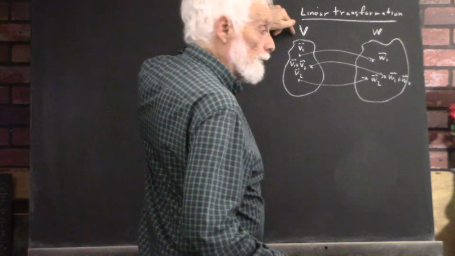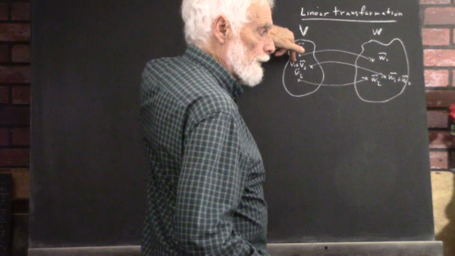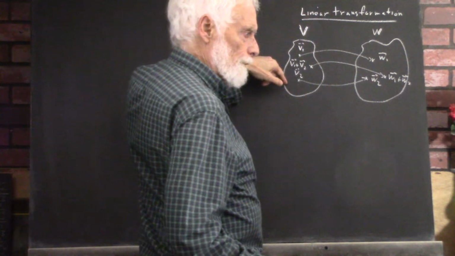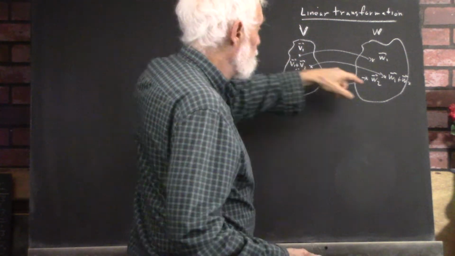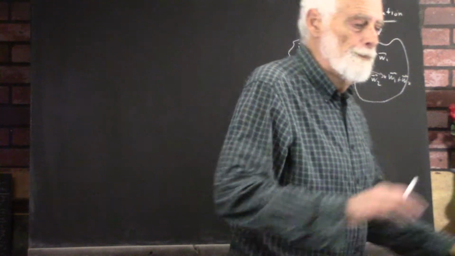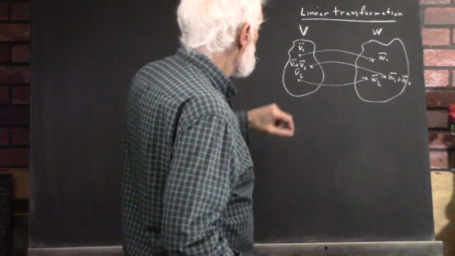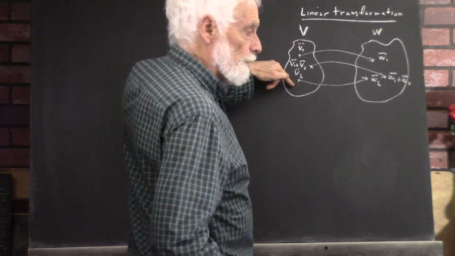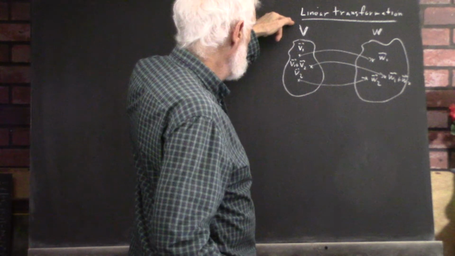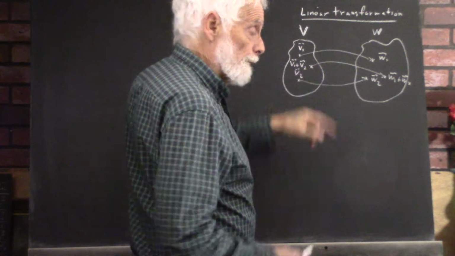So this is a vector space. This is a vector space. A collection of vectors that satisfies the axioms for a vector space. And here's a set of vectors that does the same thing. If we've got a vector v1 and a vector v2 in the vector space V, then the vector v1 plus v2 has to be in that vector space.